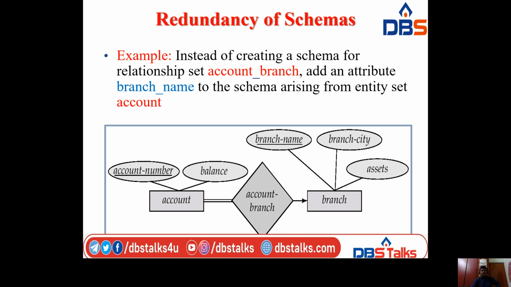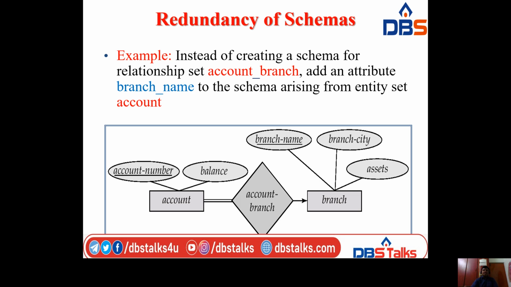Now here, account is there and branch is there, and this is account-branch. If you create the relationship account-branch, account and branch are mapped, and just the branch name is added to the account. A branch contains branch name, branch city, and assets.